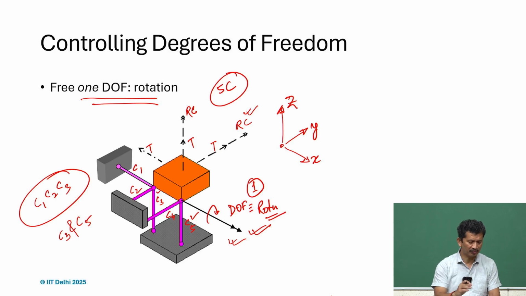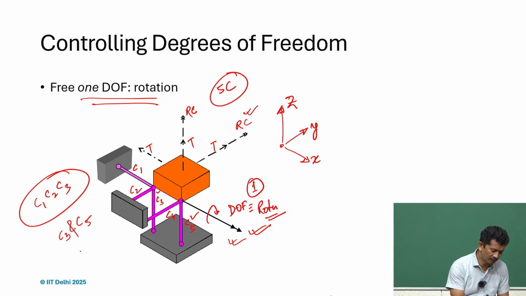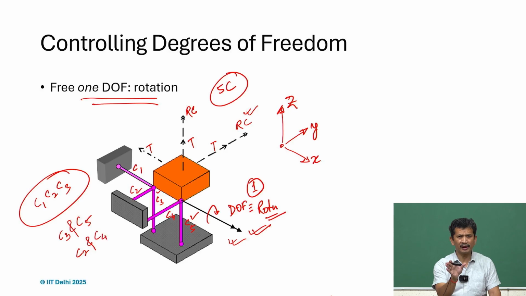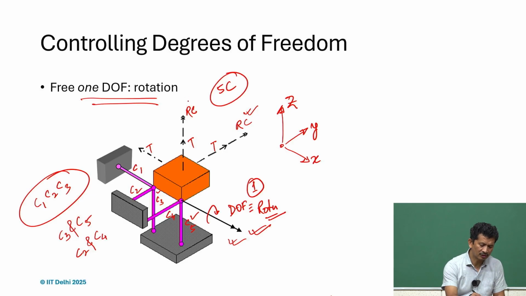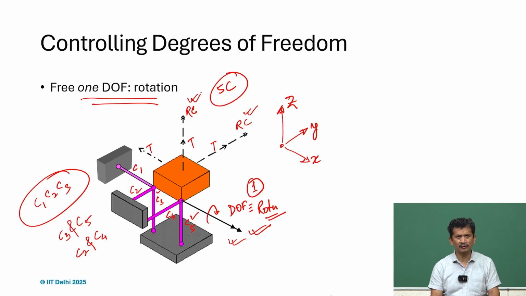Now, if we talk about rotational constraint along z axis, so we have to check the plane, perpendicular to the plane, and now if we consider C 2 and C 4 together, what we realize that okay, it makes a plane perpendicular to z axis, and so therefore, if we have C 2 C 4 with an offset, that will constrain the rotation along the z axis.